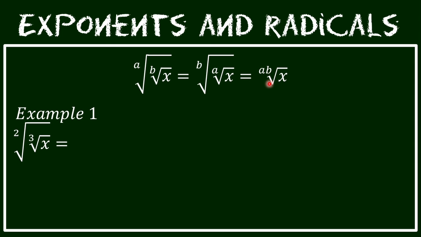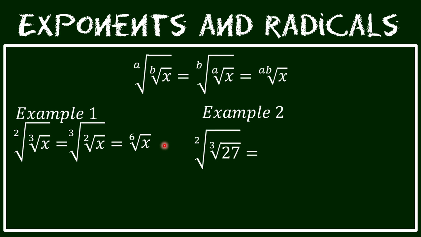So for example number 1, we have 2, we have the square root of, and then this 3 at the outside of the inner radical sign. So as a result, we have it just like this form, and then the final answer is the 6th root of x. Example number 2, you can try that, and your answer must be like this.